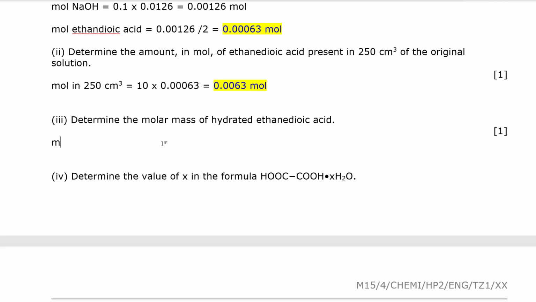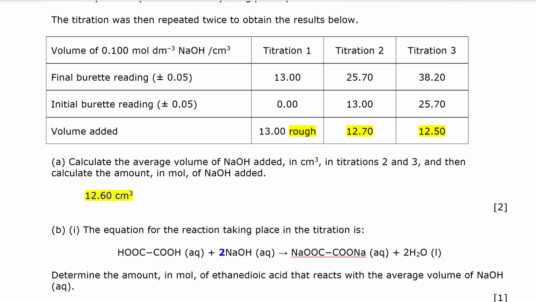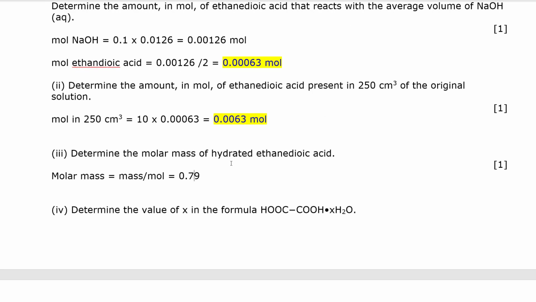So the molar mass equals... if you remember that moles is mass over relative mass, or molar mass, so molar mass must be equal to mass over moles, which is 0.795 over the number of moles, 0.0063.